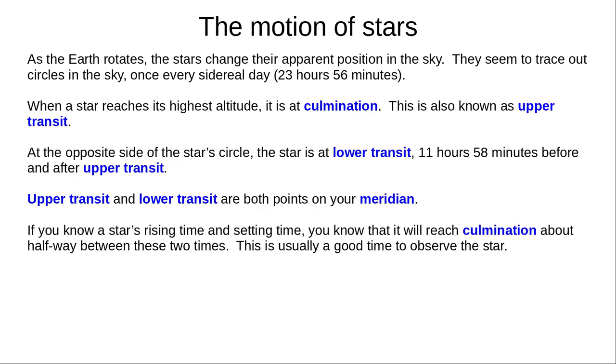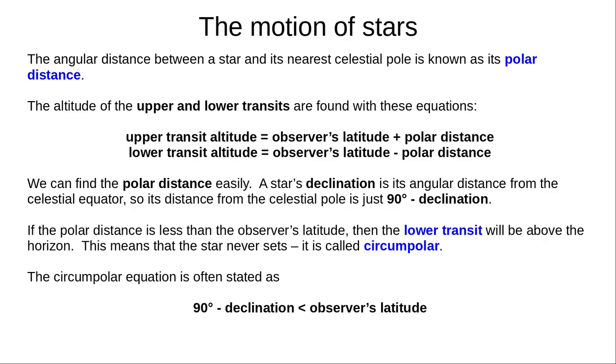Upper transit, or culmination, occurs halfway between a star's rising and setting times. This is a good time to observe a star, since it's highest in the sky. The angular distance between a star and its nearest celestial pole, north or south, is known as its polar distance. We can use this distance to calculate the altitude of upper and lower transits.